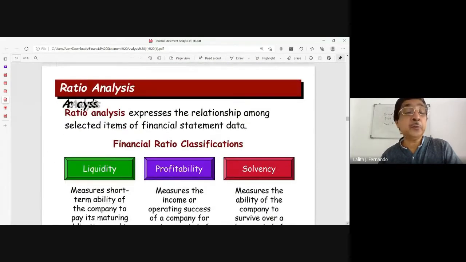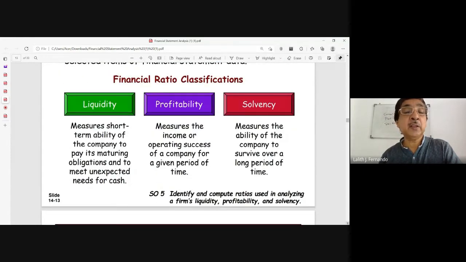Then we are trying to enter into the ratio analysis. It expresses the relationship among selected items of financial statement data. Now there's a classification here. When you do the ratio analysis, we go by these three factors.